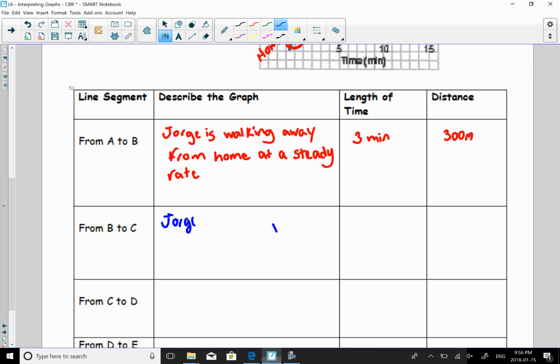So he continues to walk to school, but he decreases his speed.